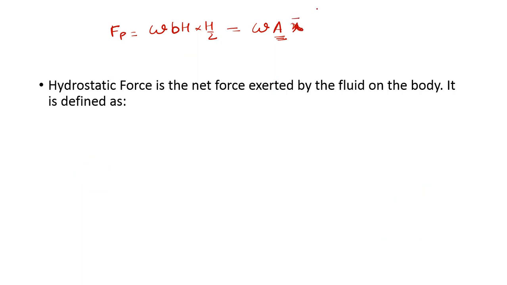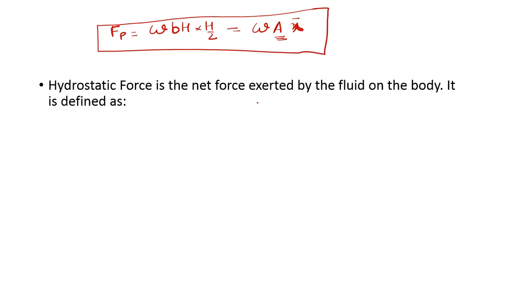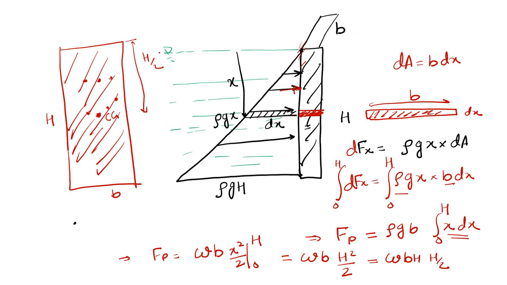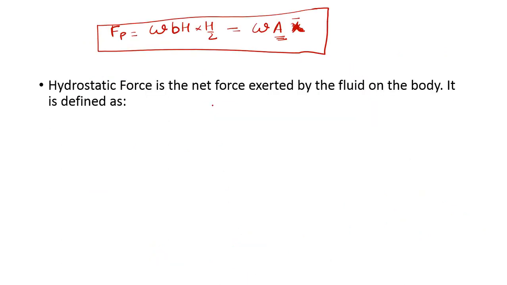So this is the final formula for the net pressure force on the wall: omega A x bar. X bar is nothing but the CG distance from the free surface, right? What is x bar? It is the h by 2. H by 2 is nothing but the CG distance from the free surface. So that is omega A into x bar.